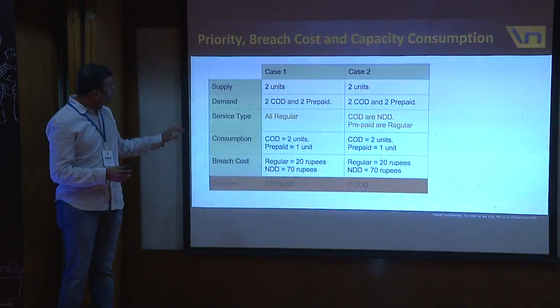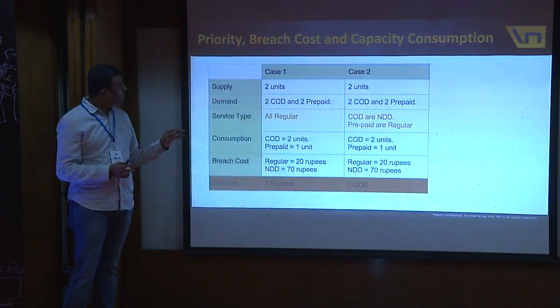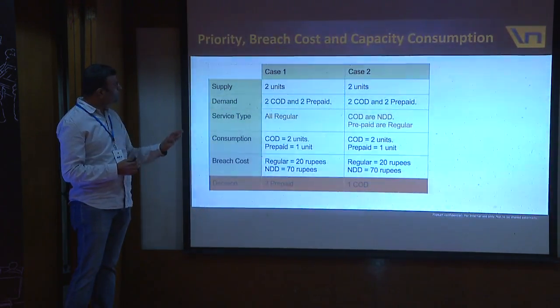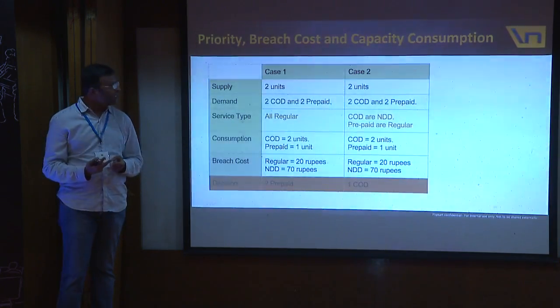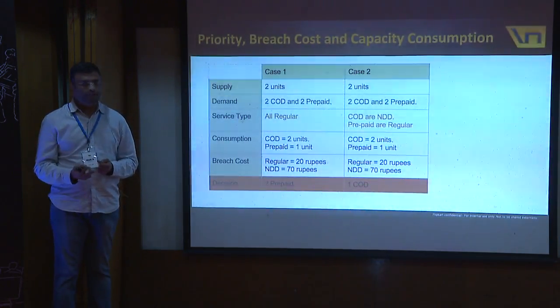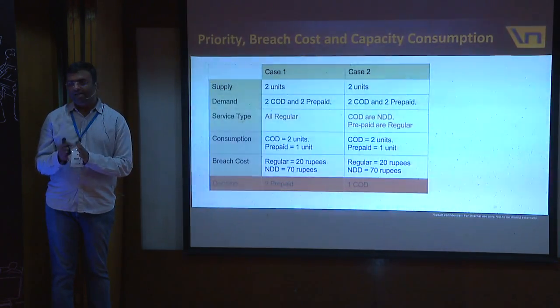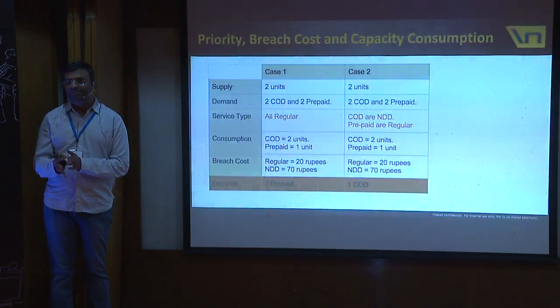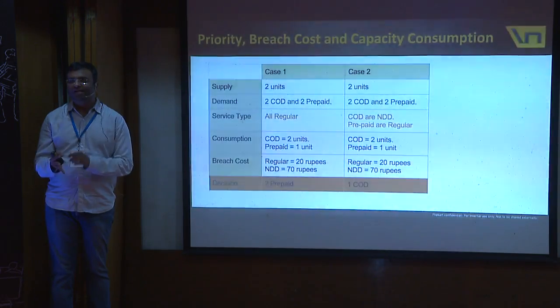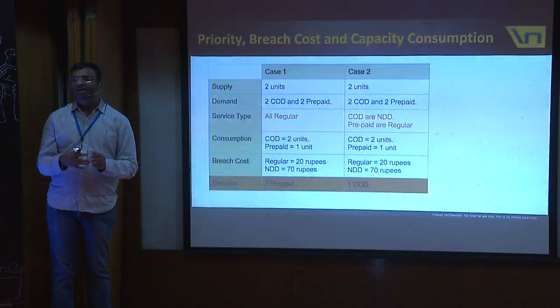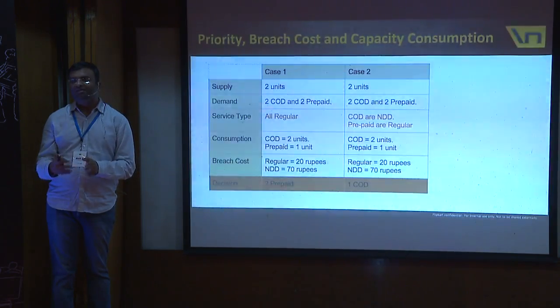So in this example, we have supply of 2 units, demand of 4 shipments, 2 of type cash on delivery and 2 of type prepaid. In this case, prepaid shipments consume less capacity to deliver, because a field executive can deliver more prepaid shipments per hour, because in case of cash on delivery, he has to get the cash from the customer, then give back the change.